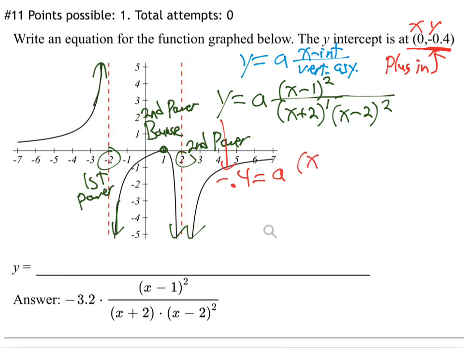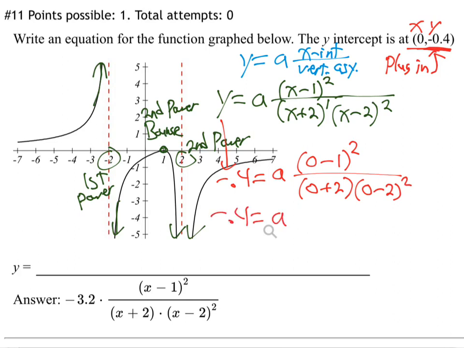And then plug in for X 0, because of the Y-intercept, X is 0. Don't forget those squares. So -0.4 equals A. This is going to be -1 squared. This is going to be +1 over 2 times 4, huh?